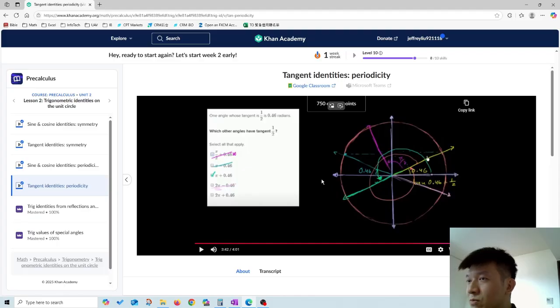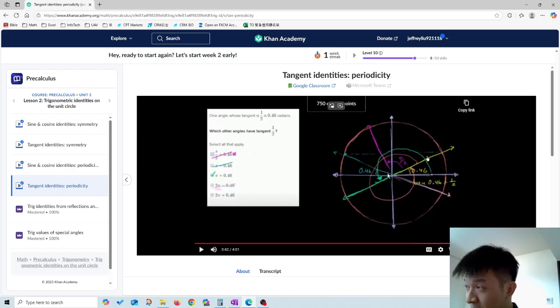No, because we mentioned it before, that becomes your cosine, right? Your sine becomes your cosine, and your cosine becomes your sine, right? So cosine divided by sine is not the same as sine divided by cosine. So the first one will not apply.